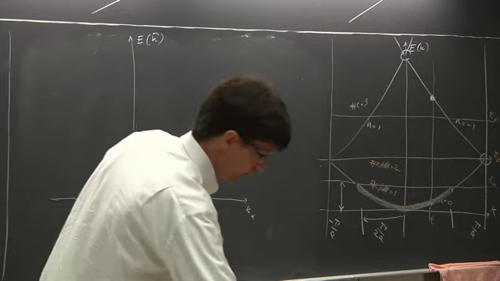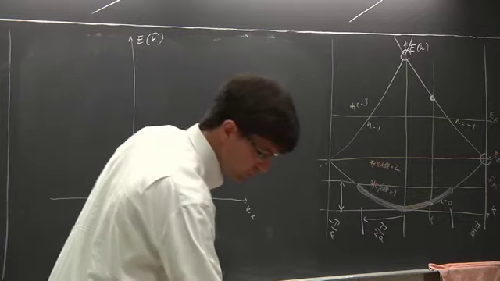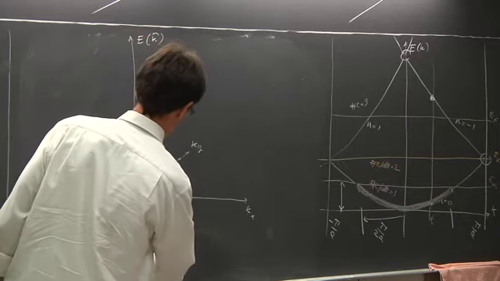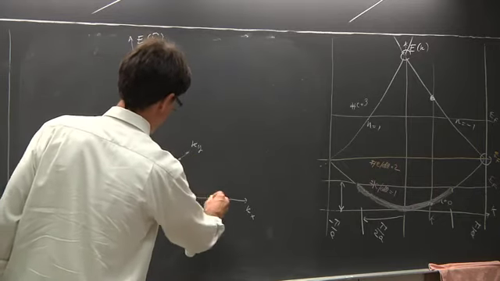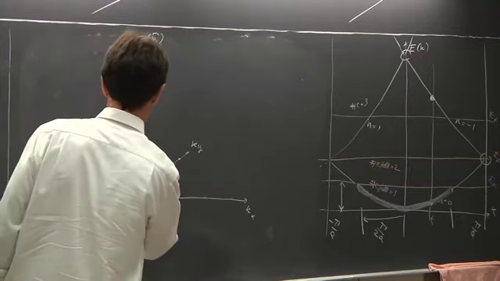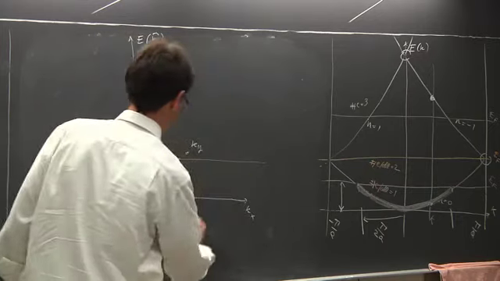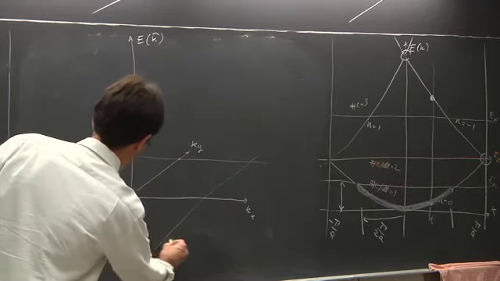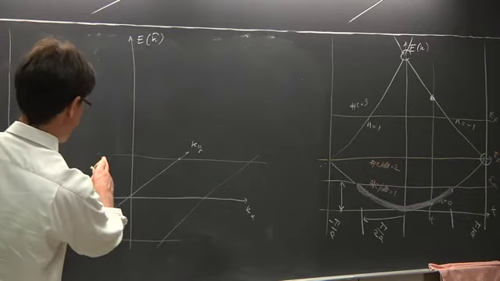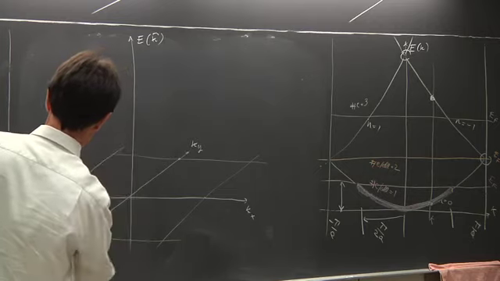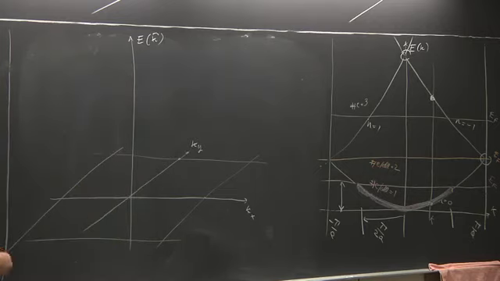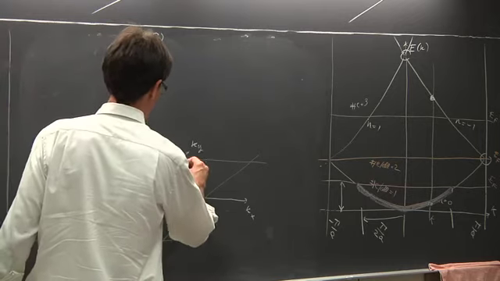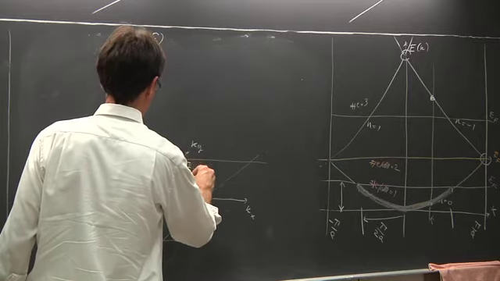So let me now draw the Brillouin zone. I'm going to use the green. So if this is the value, say, of pi over a in the 2 dimensions, well, that will be 0 pi over a.